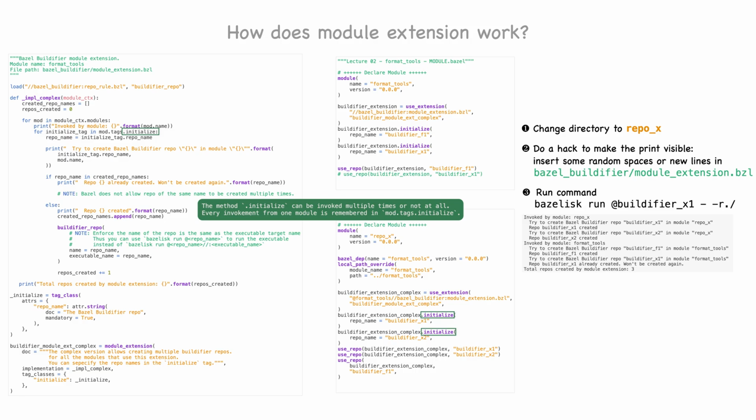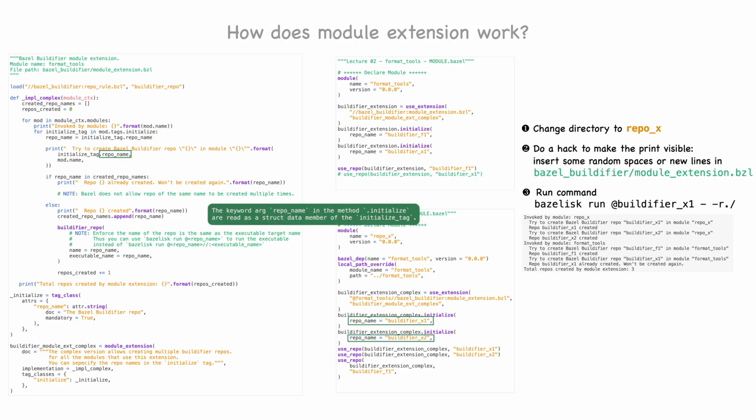In our case, the initialize method in both repo_x and the repo format_tools has been invoked twice. Correspondingly, there are two initialize tags in the two modules respectively. The keyword arguments that you pass into the MODULE.bazel file are remembered in the tag class, and you can read them as data members of the struct.